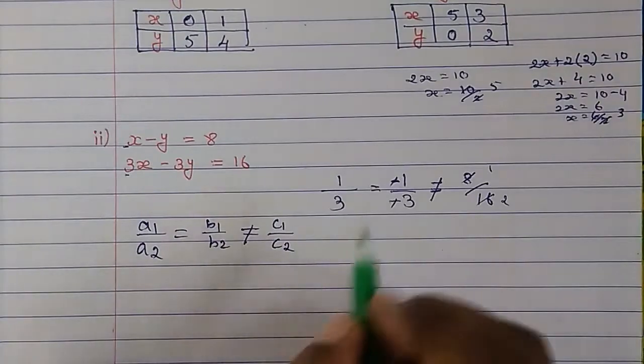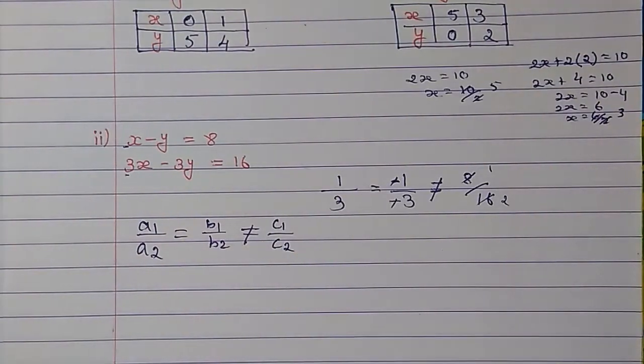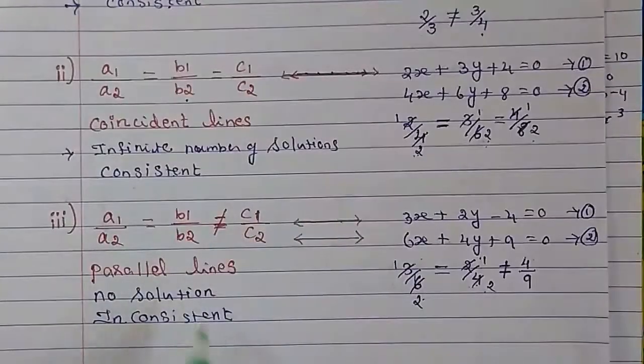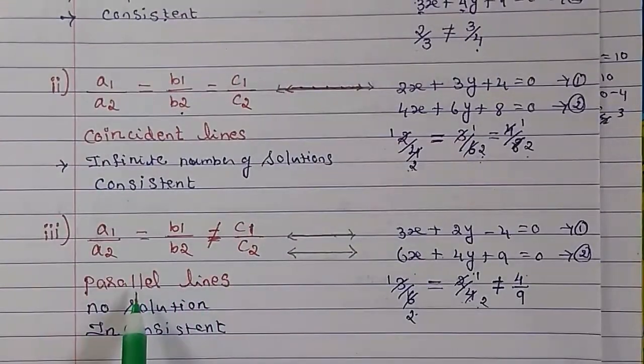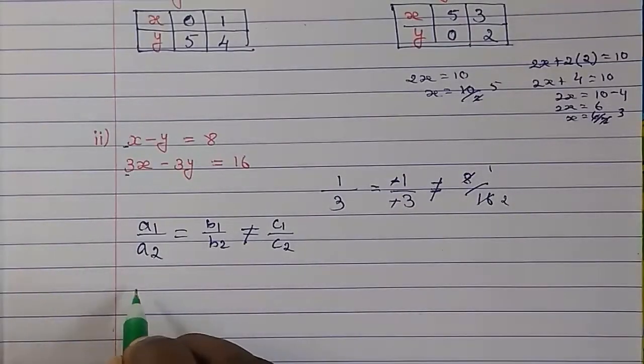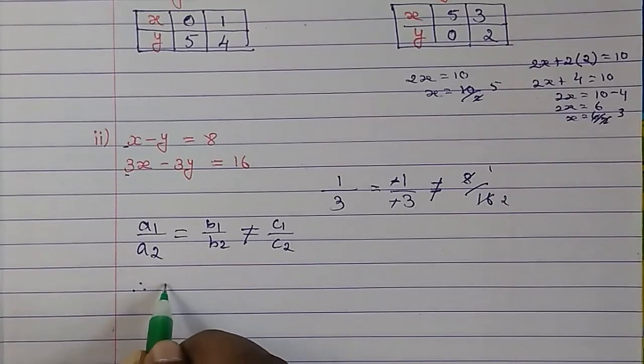So what will be the graph we will be getting? When this is a condition, we'll be getting parallel lines and there is no solution and it will be inconsistent. So this is this equation.